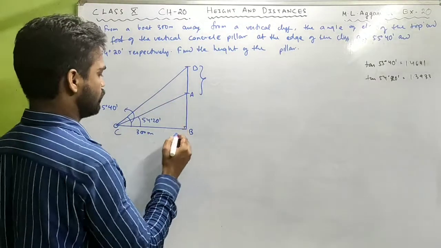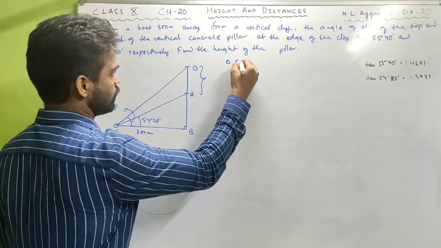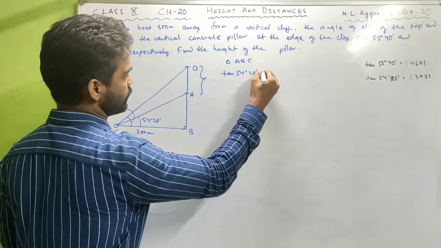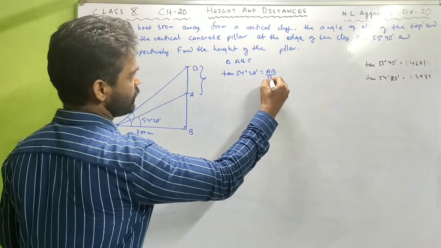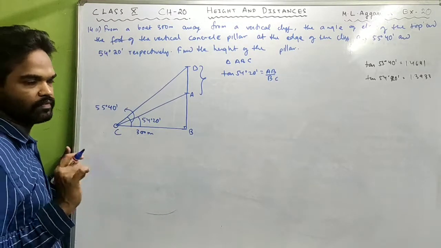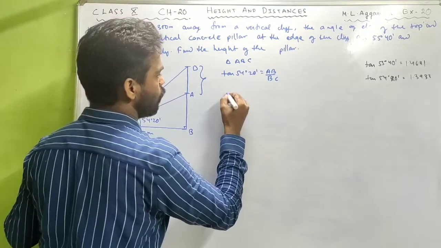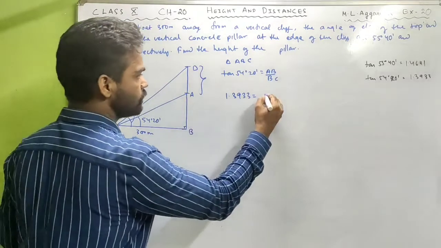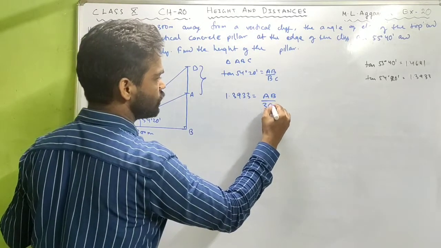Look carefully. First of all, in triangle ABC, tan 54 degree 20 minutes is AB by BC. Now tan 54 degree 20 minutes, you can see at the back of the book they have given the trigonometrical table, is 1.3933. It's AB by BC, that's 300.